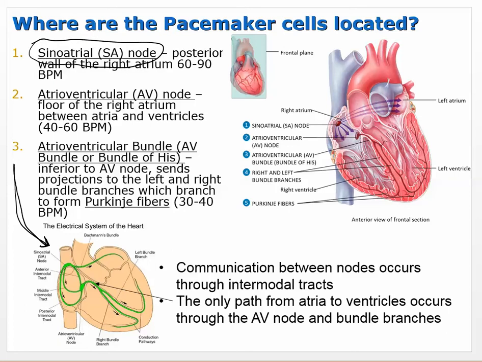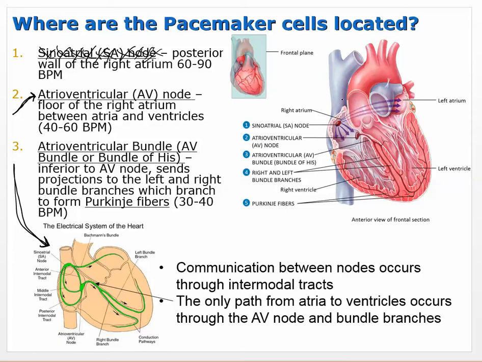These are the ones that are depolarizing on a regular basis from 60 to 90 beats per minute, something like that. Okay? Now, the question is, what if it fails? What if our SA node fails and doesn't work for whatever reason?